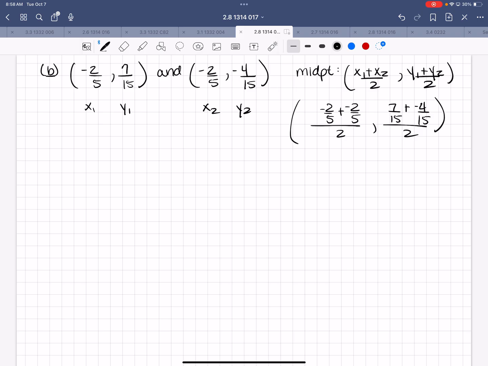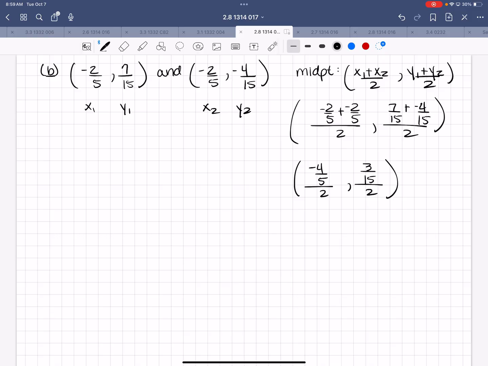They did keep the fractions nice there because they have common denominators. So -2/5 and -2/5 is -4/5 over 2. And then that's 3/15 over 2. Guys, when I'm dividing by 2, I'm really multiplying times a half. Keep, change, flip. Your middle school and high school math teachers still talk about keep, change, flip.